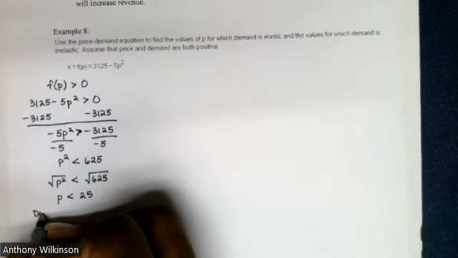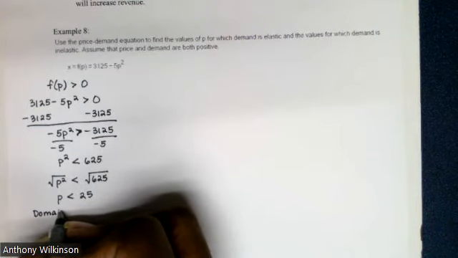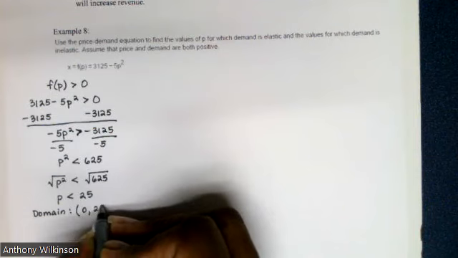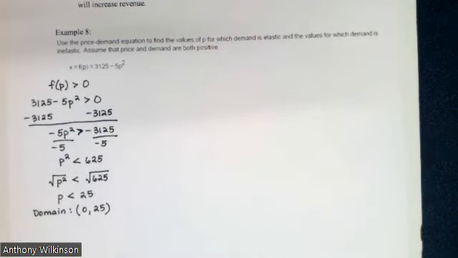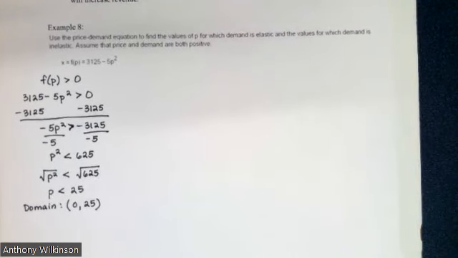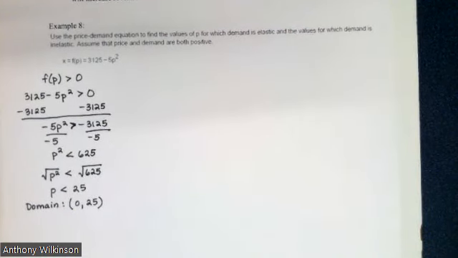So my domain will have to be some value from 0 to 25. And notice I'm using parentheses, not brackets, because I can't have a price of 0. It's got to be bigger than 0, but less than 25.